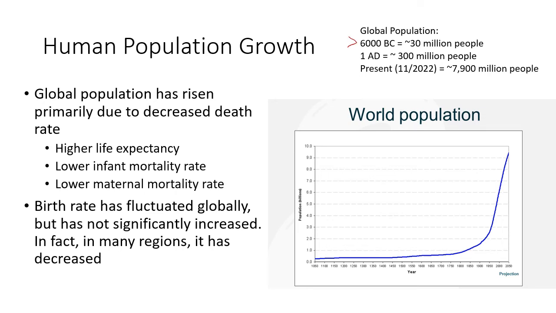Let's look at some values for the global population. Around 6000 BC, it's estimated that there were about 30 million people on the planet. This is after the dawn of agriculture, well into the civilizations. Just over 2,000 years ago, at 1 AD, it's estimated there were about 300 million people on the planet. From about 1,000 years ago to about 1550, it's pretty constant.